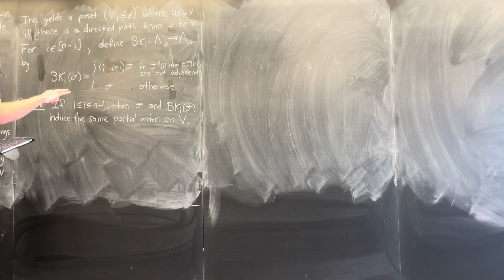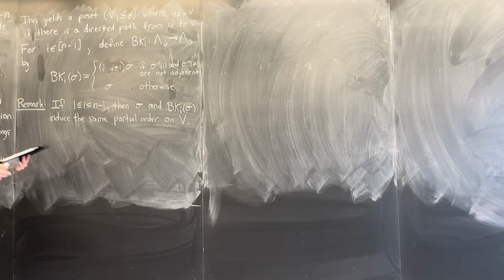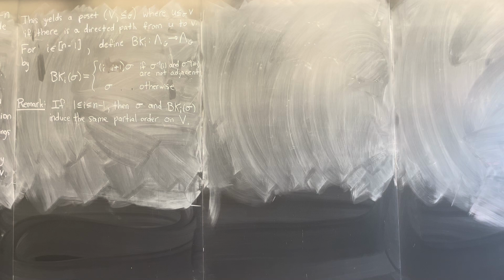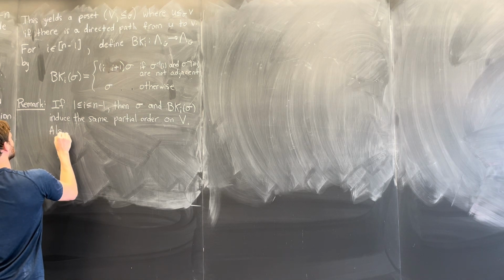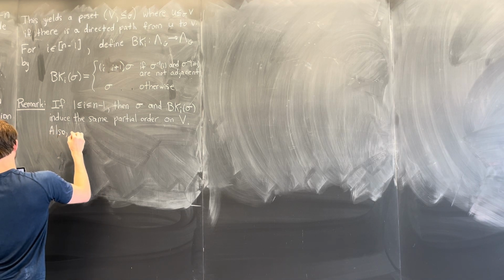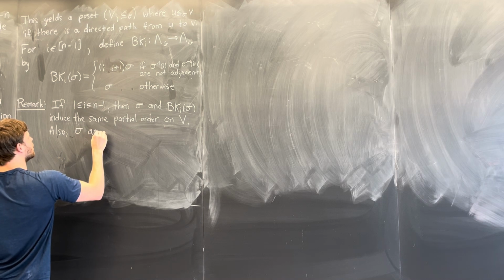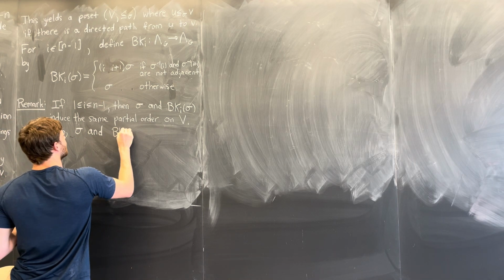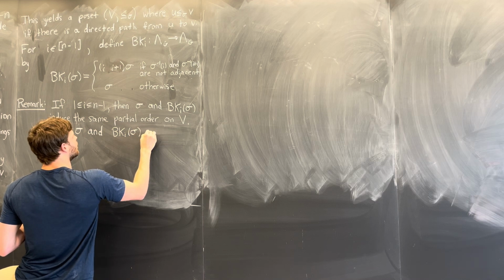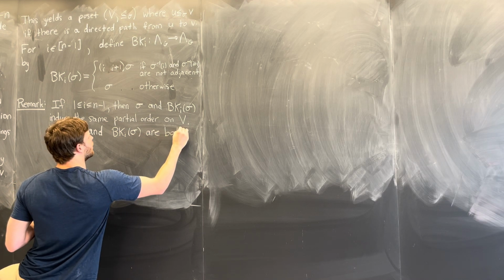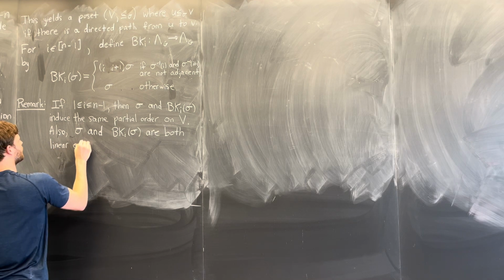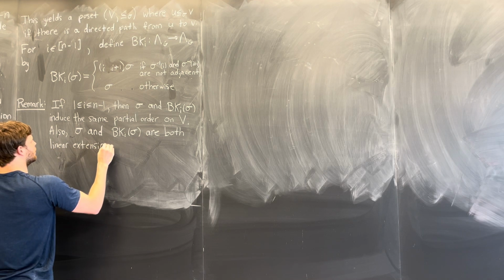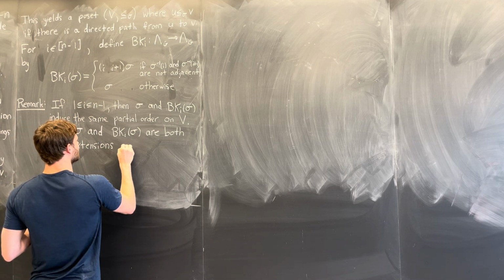And also, sigma and bk sub i of sigma are both going to be labelings of our graph, and they are both linear extensions of this poset.